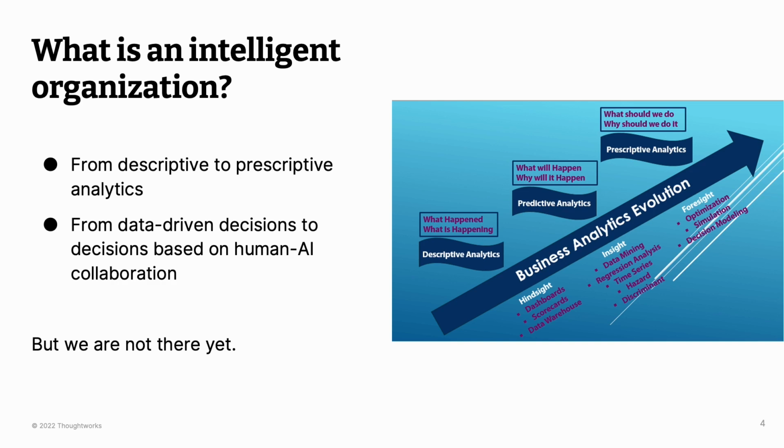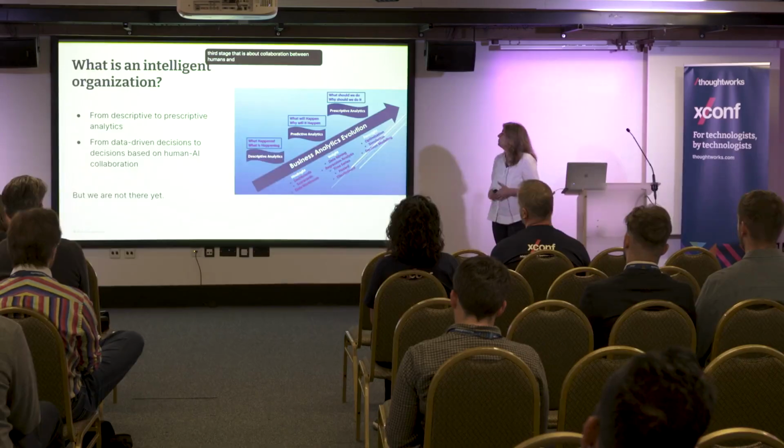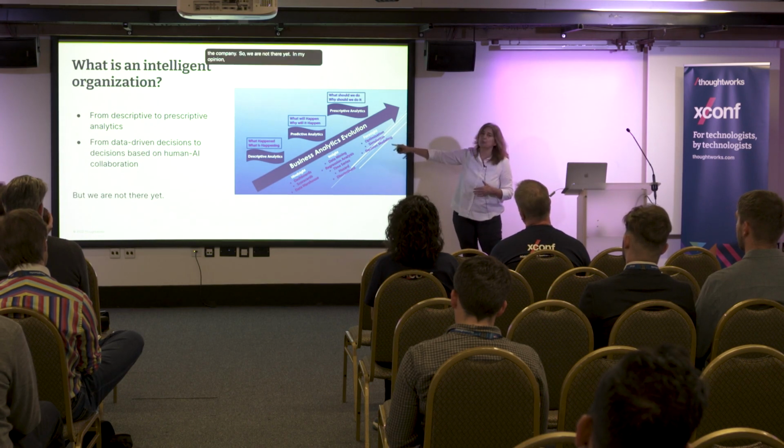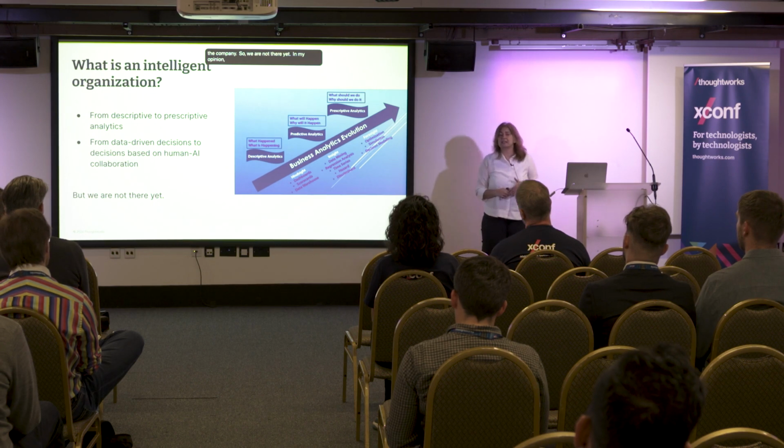It's about going from data-driven decisions, where we are here in the second stage in predictive analytics, to a third stage that is about collaboration between humans and artificial intelligence or machine learning models in the company. So we are not there yet. In my opinion, we are on this path that goes from predictive analytics, where we are right now, to prescriptive analytics.